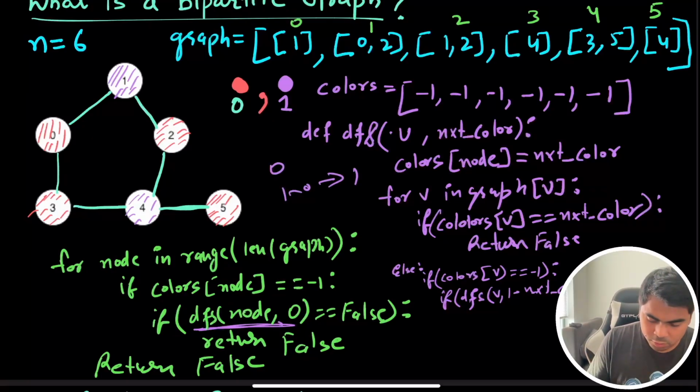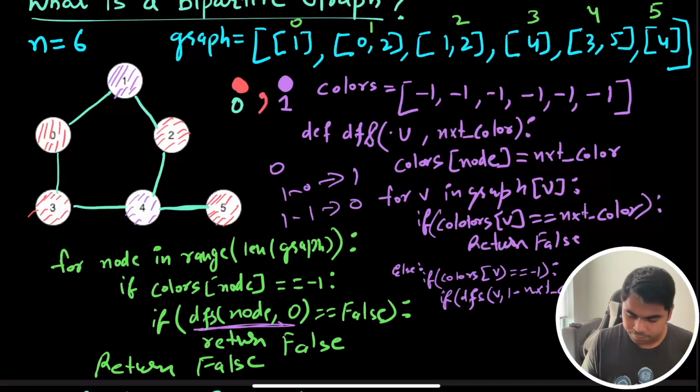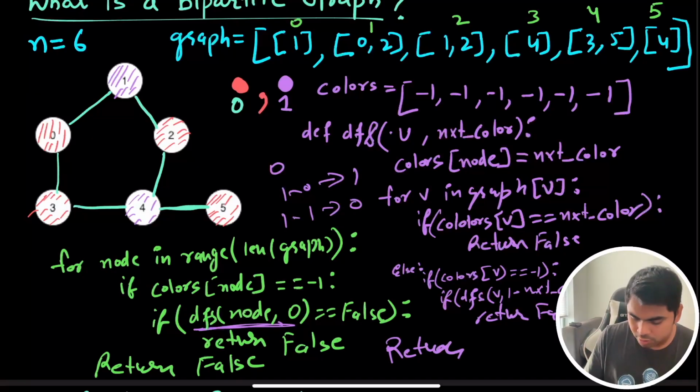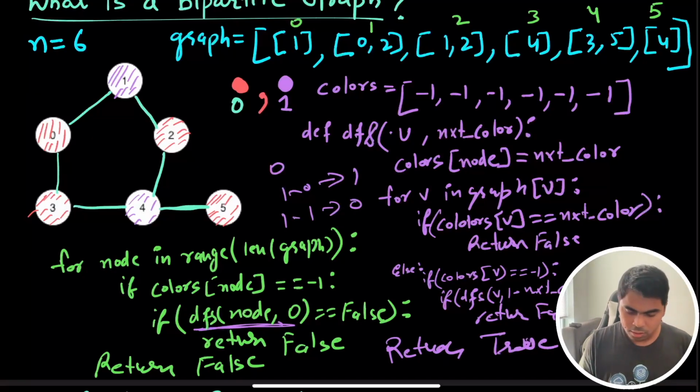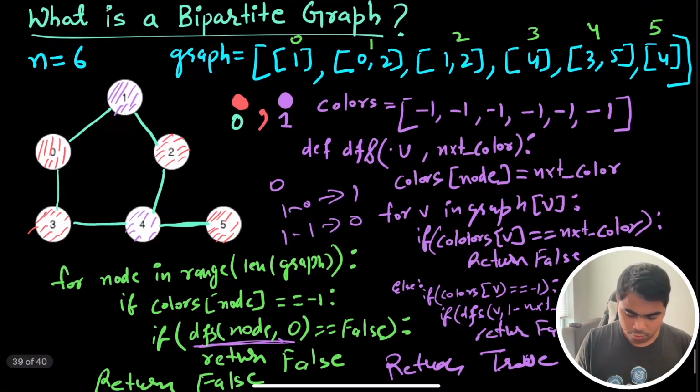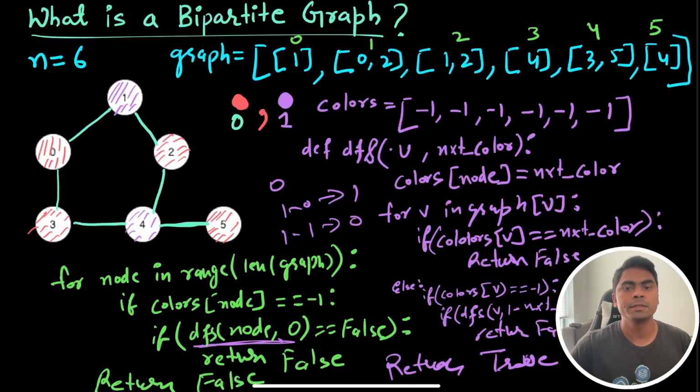If the last color was 1, 1 minus 1 would be 0. So we are just flipping the color without thinking much about it. And then we can return false. Otherwise, in the end, you can return true. All right, so that would be it. And now we can move on to the coding part of this.